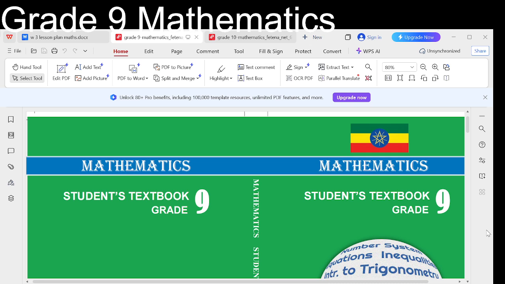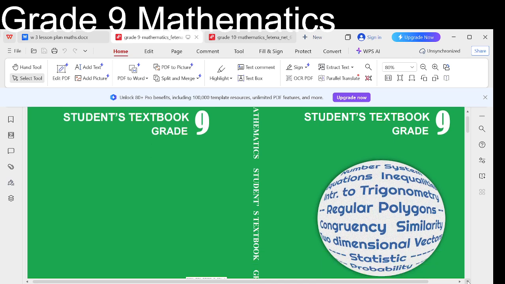So now we're going to look at mathematics for grade 9, and basically before I start to go into detail in each chapter, I just try to explain a little bit about the units and the content.